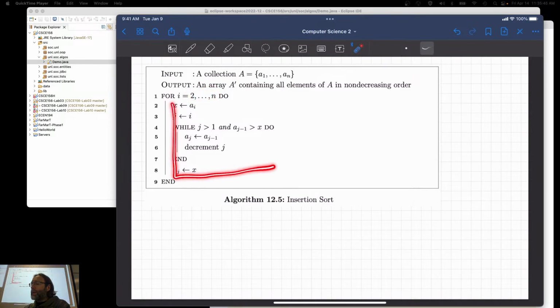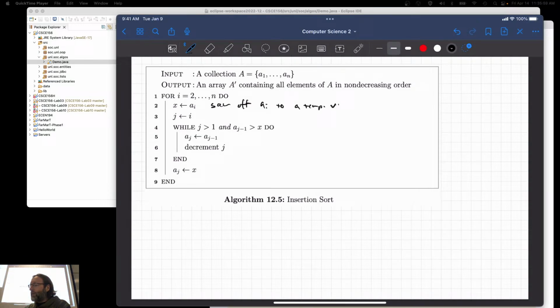Now, what are we doing inside of that algorithm? Well, this is saving off a temporary variable. What I'm doing is saving off a sub i to a temp variable. Why? Because if I'm looking at a sub i, I'm going to put that into a temporary variable, x.